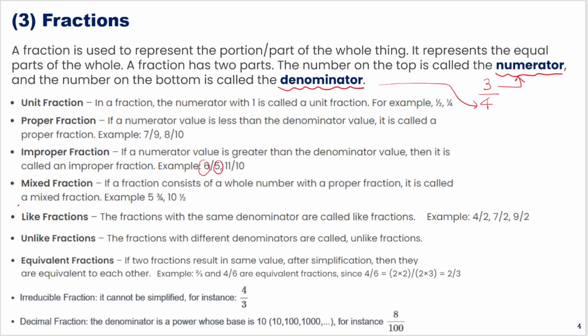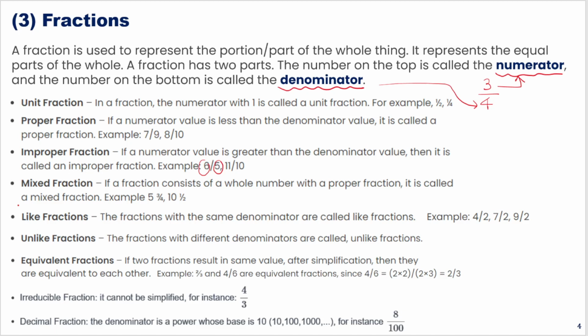So in that case, this fraction is called improper fractions. Next, mixed fraction. If a fraction consists of a whole number with a proper fraction, then it's called a mixed fraction. For example, 5 and 3/4, 10 and 1/2. All of these fractions are called mixed fractions.